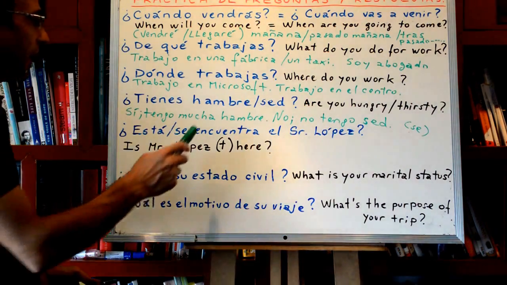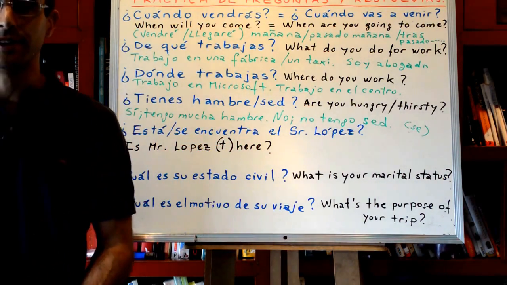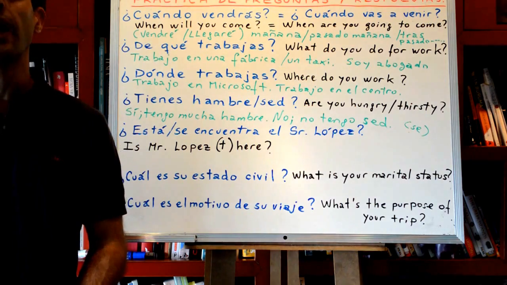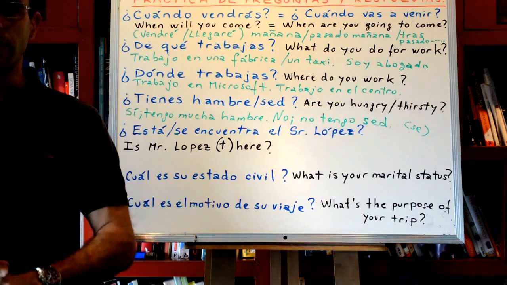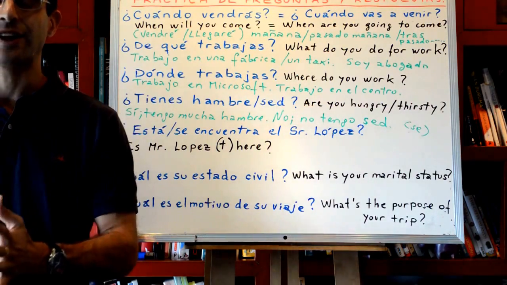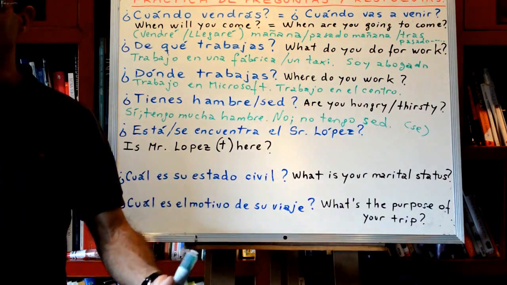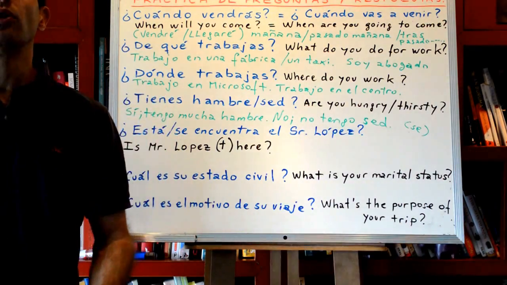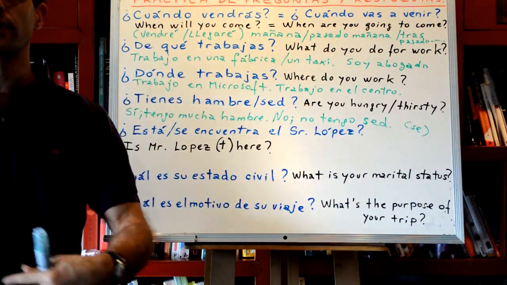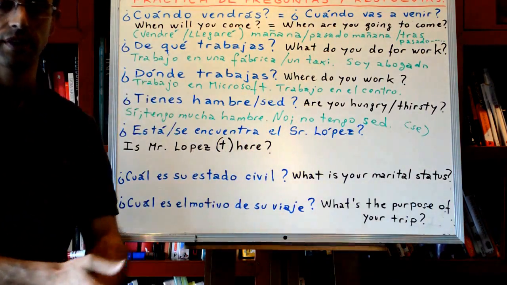Okay. Encontrar, the verb encontrar means to find. But when we use the verb encontrar in its reflexive form, encontrarse means to be there or to be here, right? In other words, to find oneself in a place or to find somebody in a place, right?